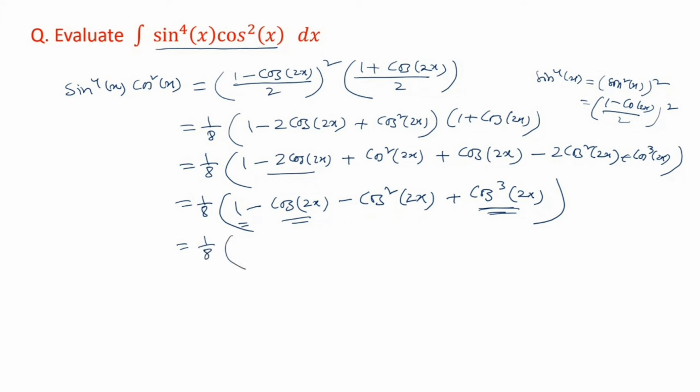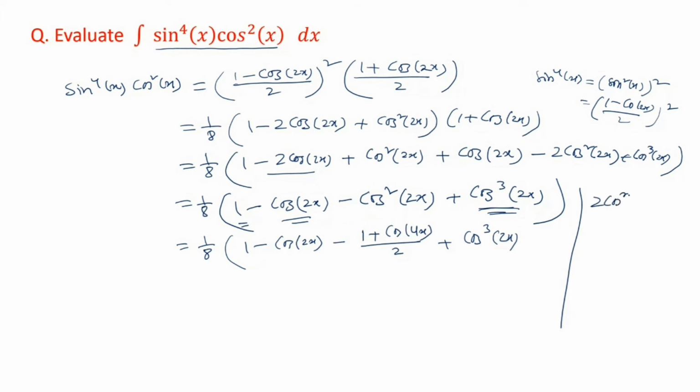So this is equal to 1 over 8, and 1 minus cosine 2x as it is. Cosine square 2x we can write as 1 plus cosine 4x over 2, plus cosine 3 of 2x.